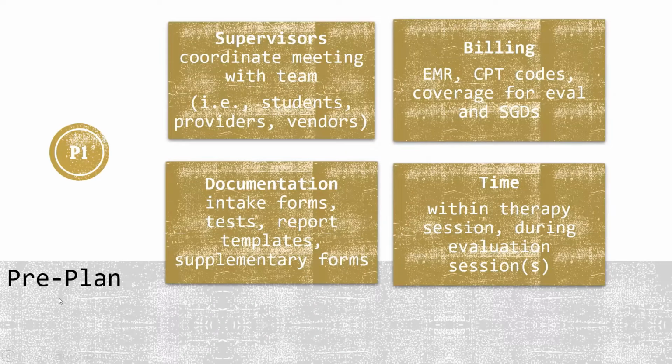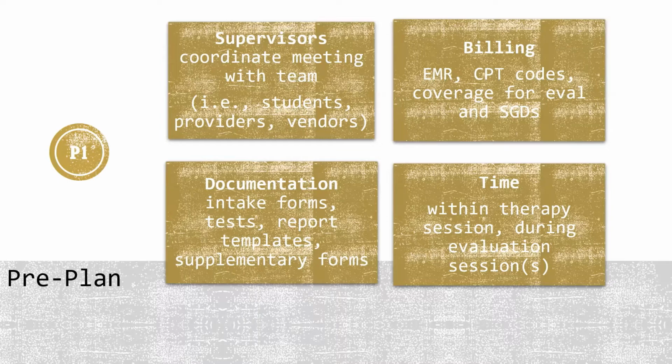Billing, we need to really think about billing for the actual assessment. We use our electronic medical record system here called TheraPlan. And we had to figure out how we were going to bill for these AAC assessments through TheraPlan and what codes we would be using. We use ASHA's best practices on that.